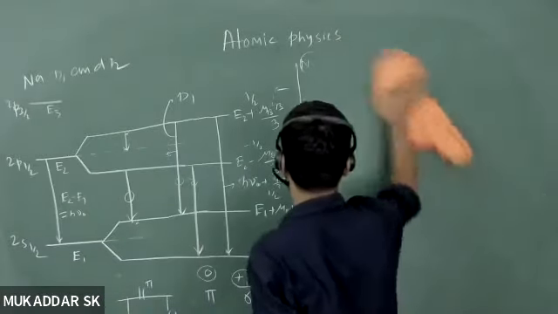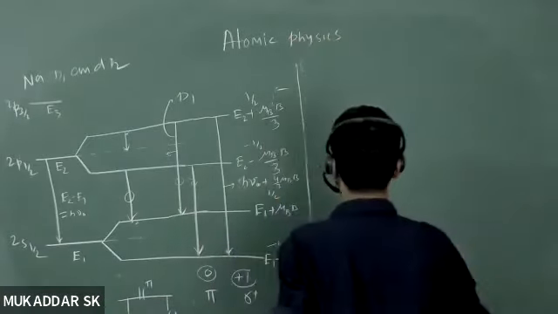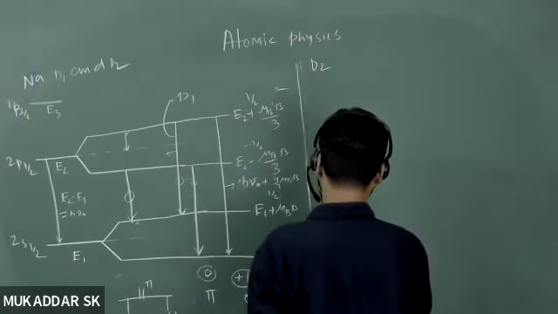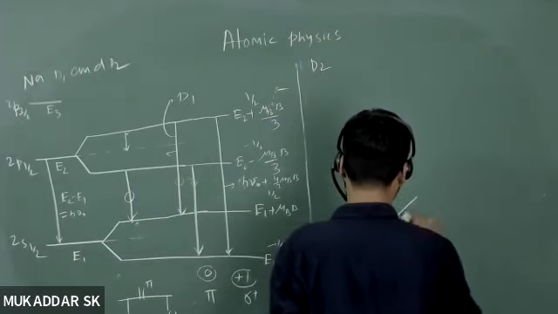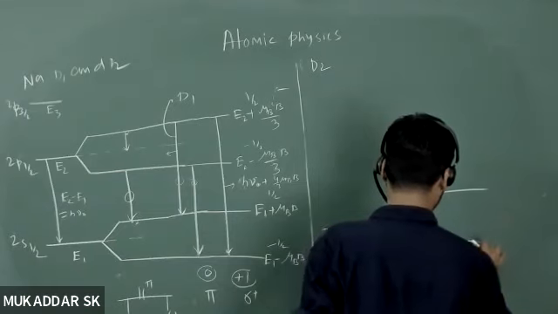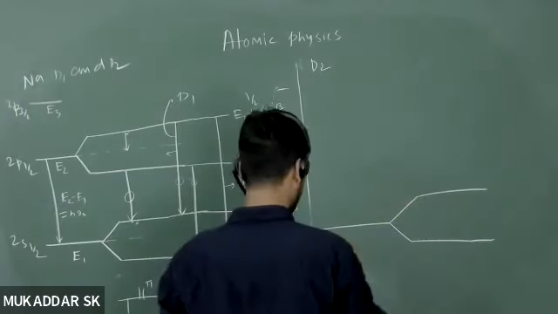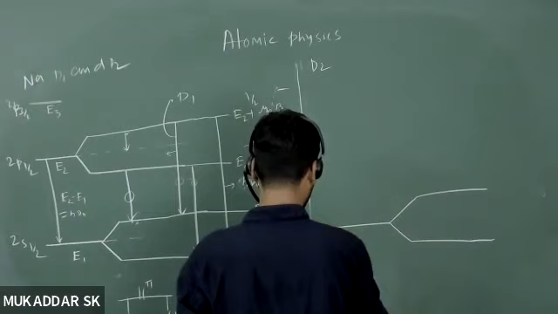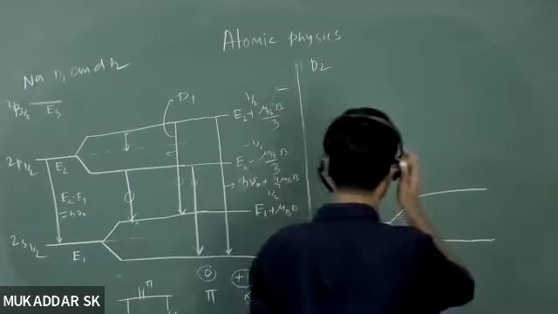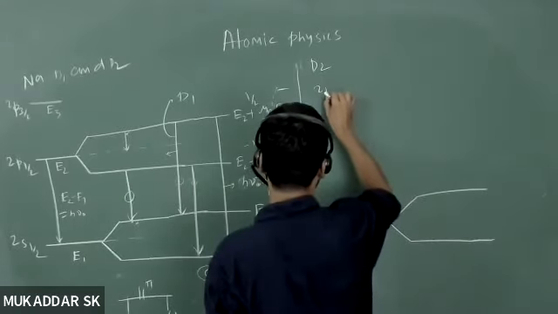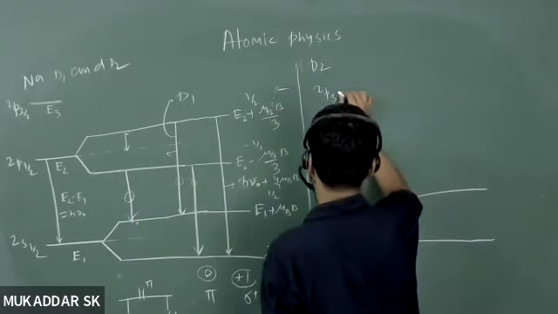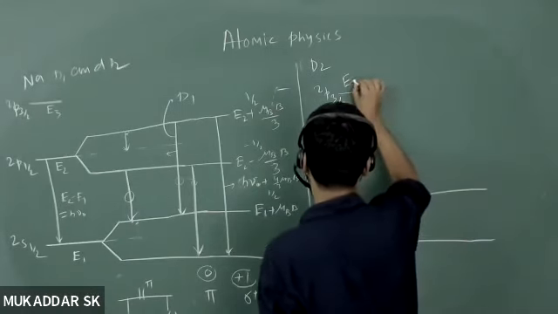Now I'll draw the sodium D2 line here. Again, that will be the same ground state. So this is all about your 2s1/2, E1. And you have 2p3/2 here, and this was your E3 state.